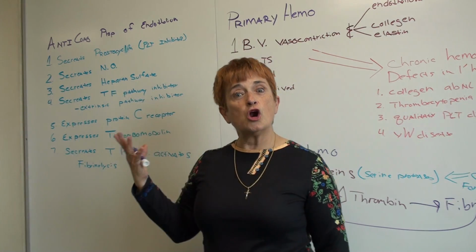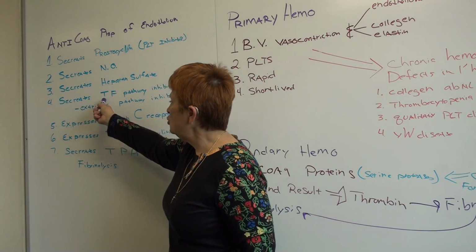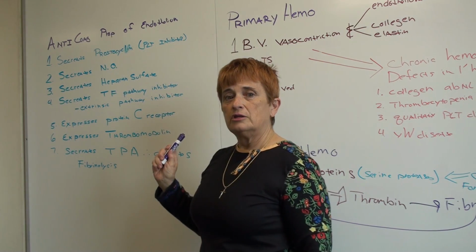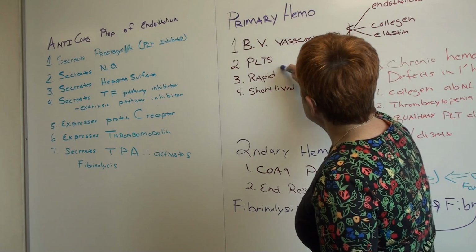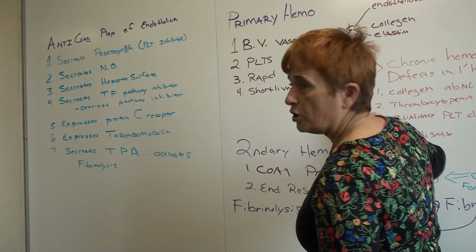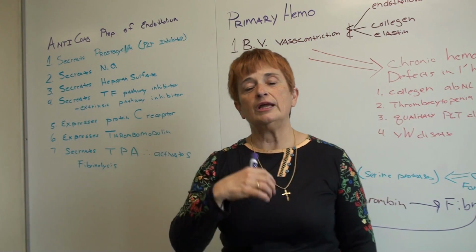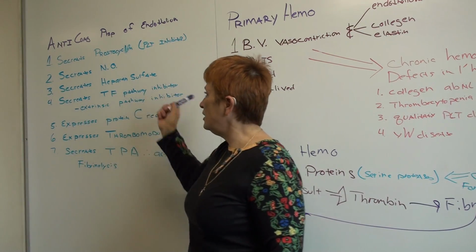All right, normal endothelium will also secrete tissue factor pathway inhibitor. So what? Remember, tissue factor is needed in order for all of this to work together. So a normal endothelium secretes tissue factor pathway inhibitor.